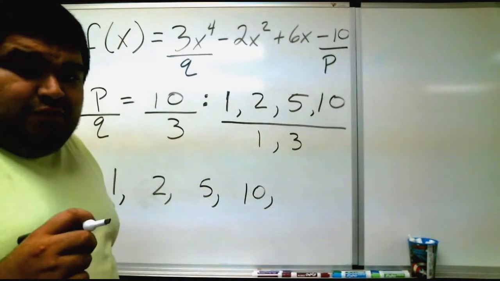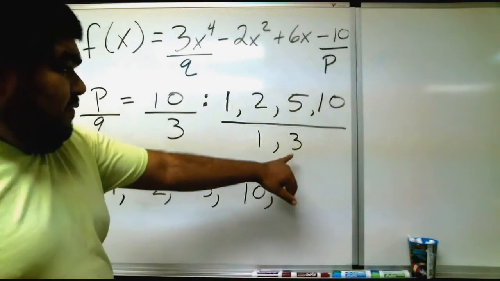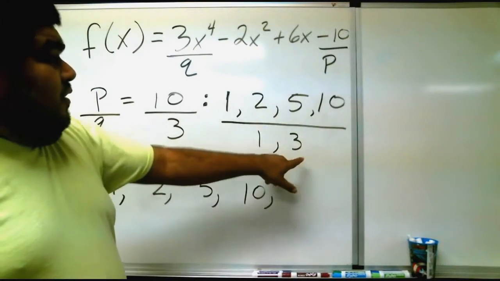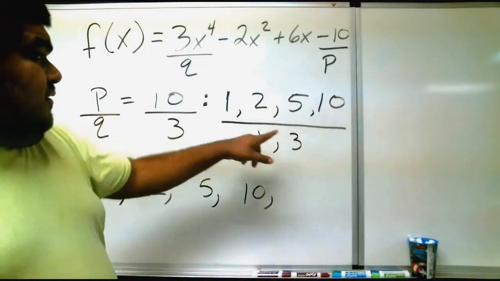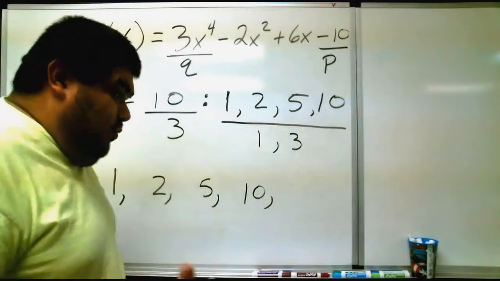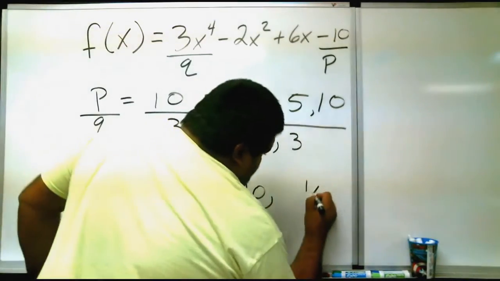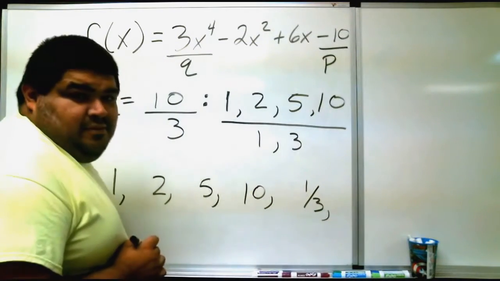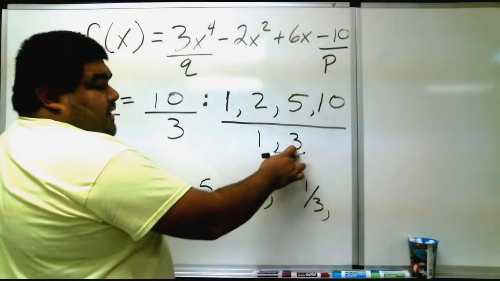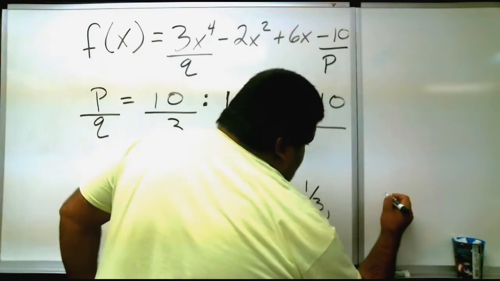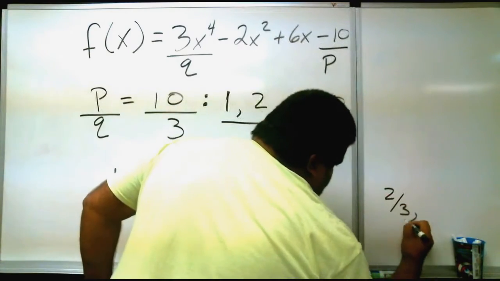Now that we did the first one, we have to do the same thing for the 3. We do it to the bottom ones only. Now 3 can go into 1. It really can't perfectly, so we're going to leave it as 1/3. 3 into 2 can't really go either, so we're going to have 2/3.